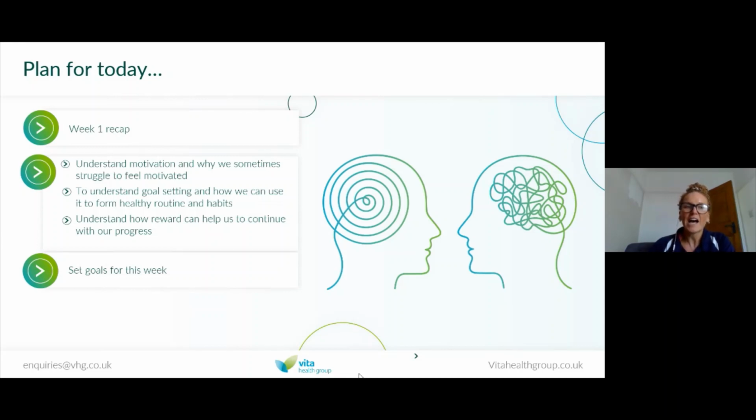Then we're going to look at understanding motivation and why sometimes we struggle to feel motivated, to understand goal setting and how we can use it to form healthy routines and habits, and understand how rewards can help us to continue with our progress. And then we're going to look at how to set a goal for this week.